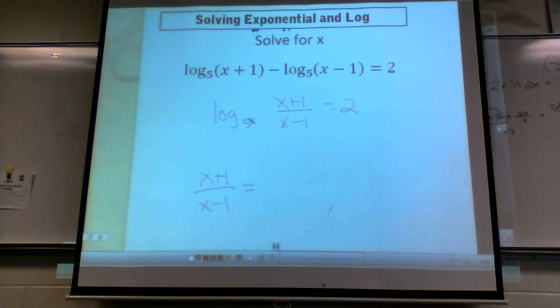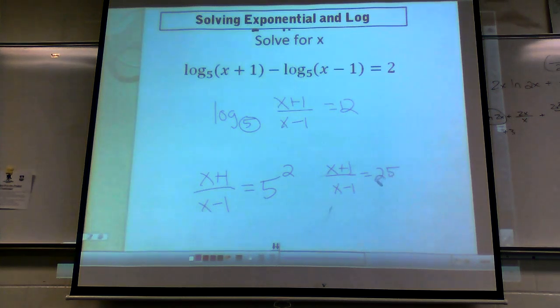Remember with logs, that's the base, that's the exponent. So 5 squared equals that part there. So this gives you the equation you're working with: (x plus 1) over (x minus 1) equals 25.